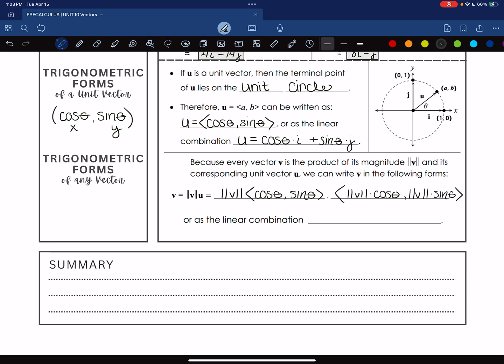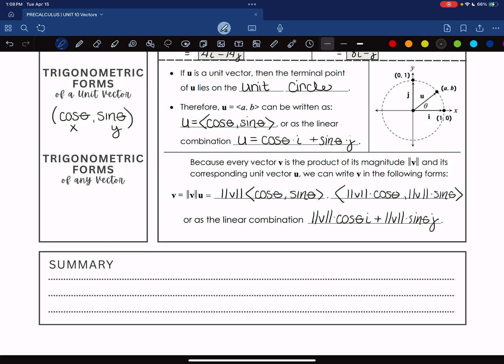Or in linear combination, the magnitude of v times cosine theta, unit vector i, and magnitude of v sine theta, standard unit vector j.